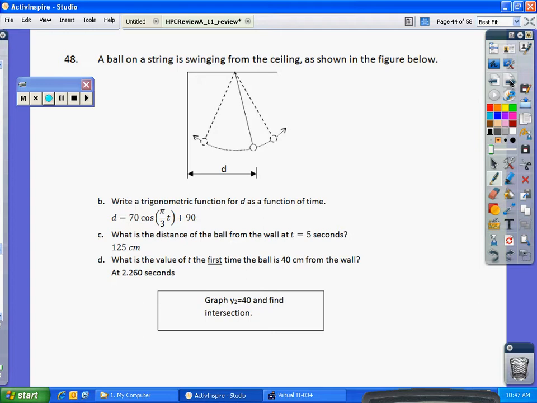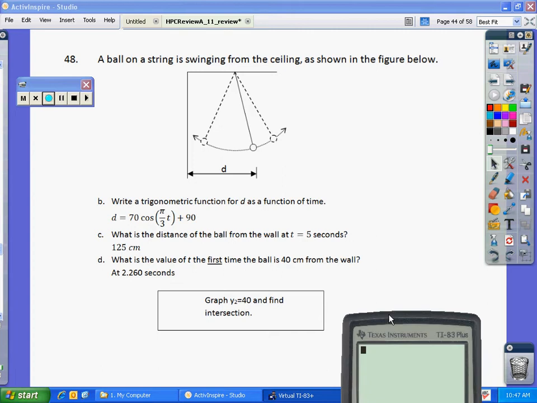So now it asks us, what is the distance of the ball from the wall at t equals 5 seconds? Well, this is where we need our calculator.